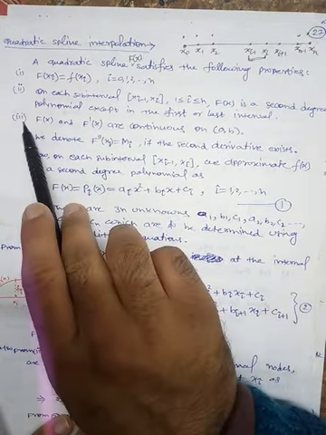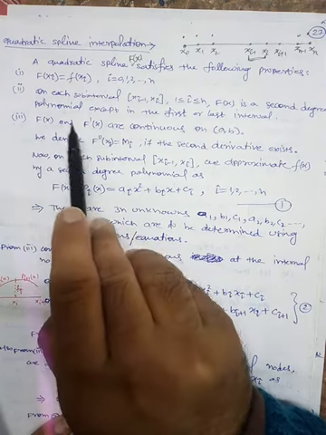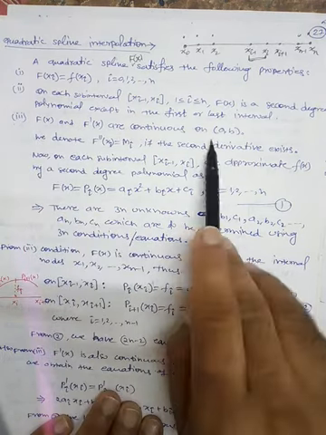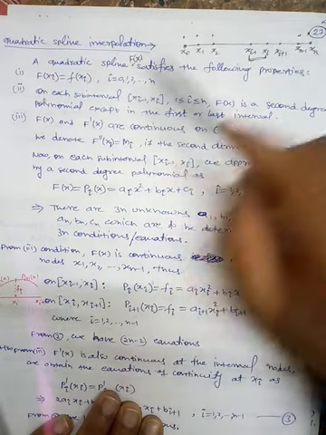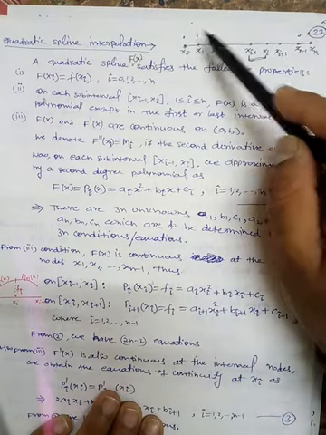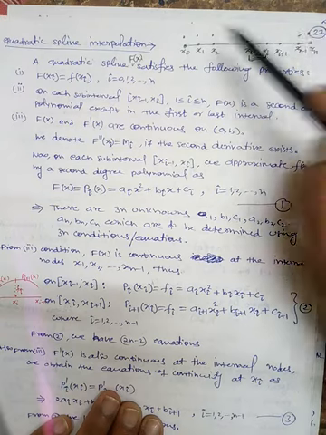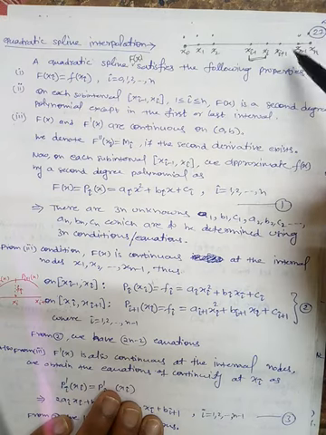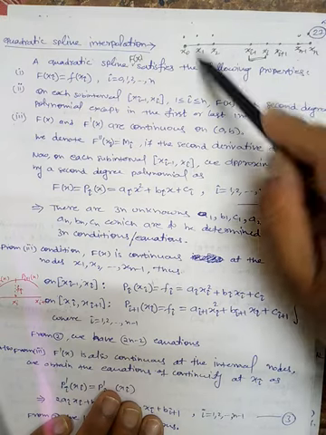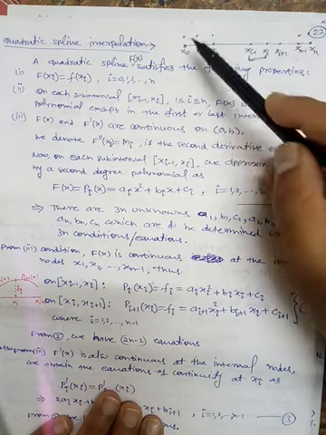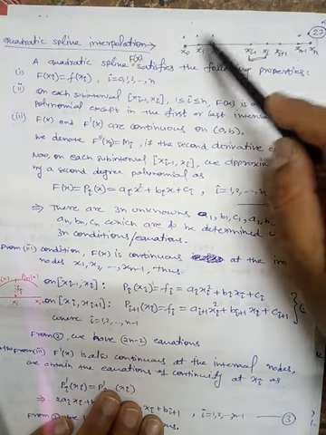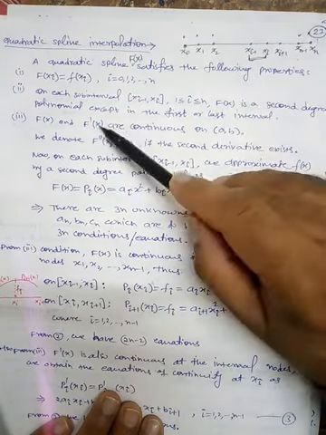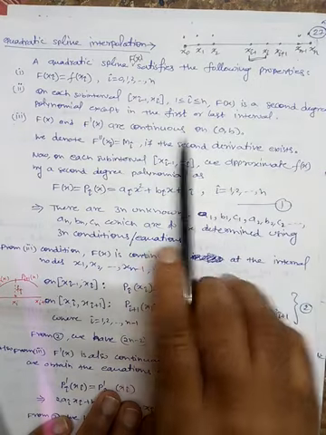Now the third condition: F of x and F dash x are continuous on the open interval ab. That means the spline will be continuous at every intermediate nodal point x1, x2, up to xn minus 1. Because here we have an open interval, we will not consider x0 and xn. So at intermediate points, function and its derivative both are continuous.